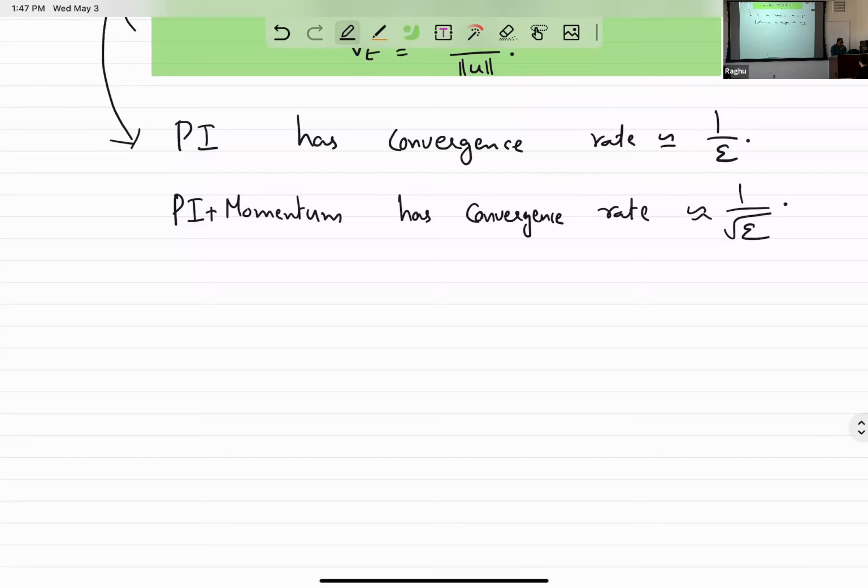Yeah, there's some deep reason to do that. No, you should think of it as your gradient step, right?